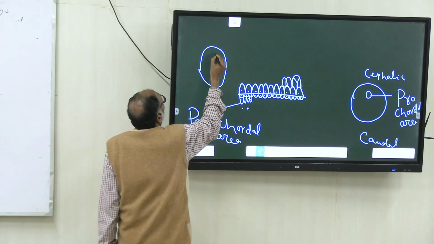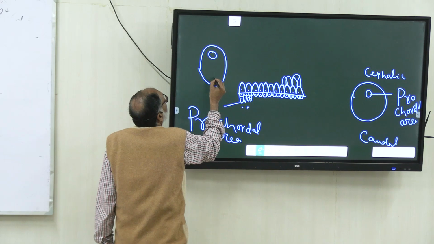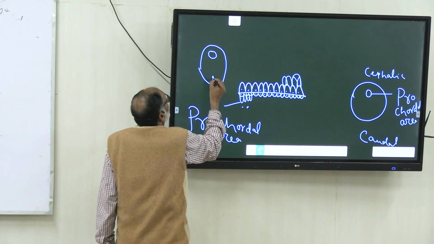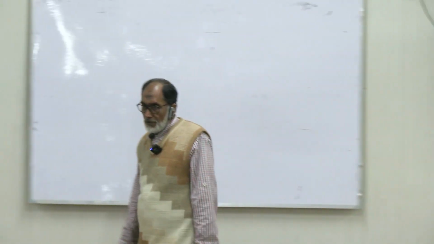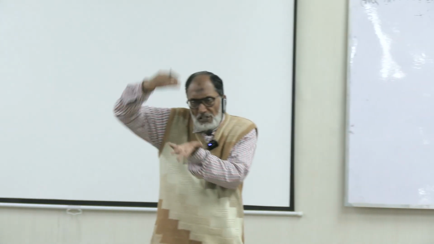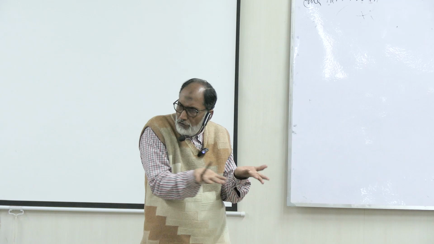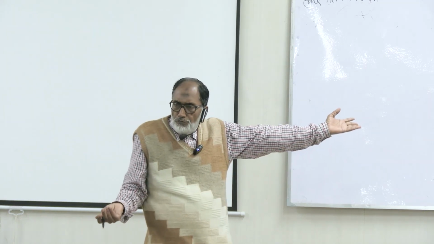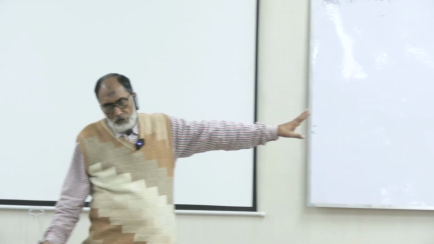It is oval shaped. Here lies the procaudal plate and here lies the germ disc, and this is the primitive streak. The primitive streak lies on the epiblast side, and the procaudal plate actually lies on the hypoblast. Hypoblast cells proliferate and give rise to the procaudal plate, and the epiblast proliferates to form the primitive streak.